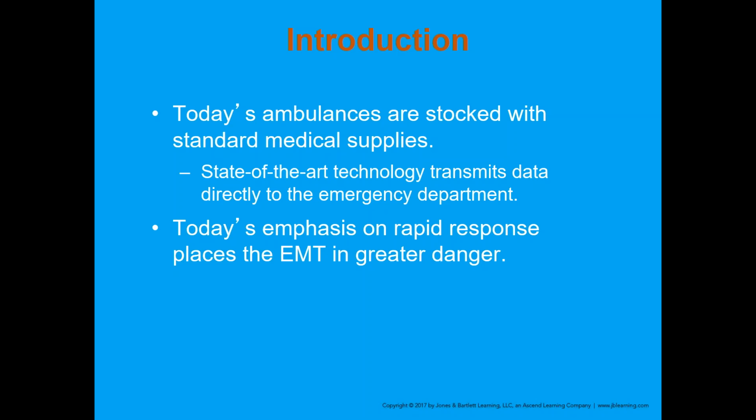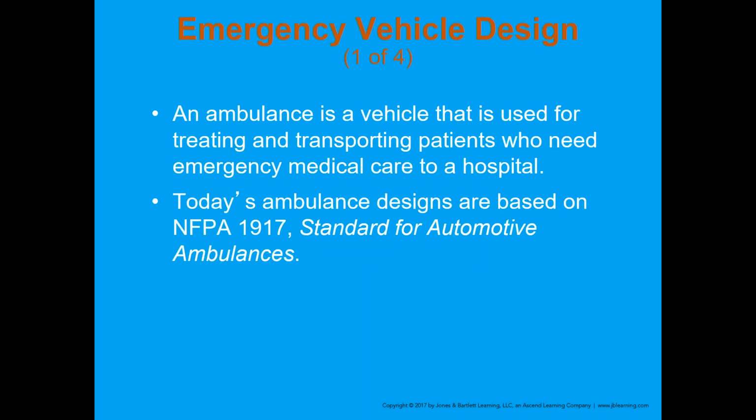That being said, that rapid response does put us in danger. If anybody has been on a truck with us, sometimes we drive too fast, sometimes we blow through red lights, and we shouldn't. Again, it's dangerous out there. We have to be extremely careful.